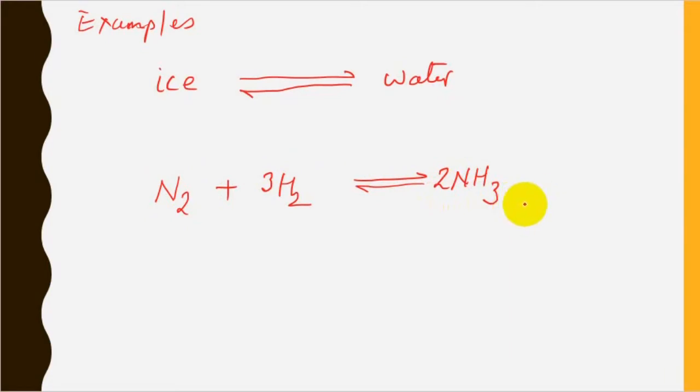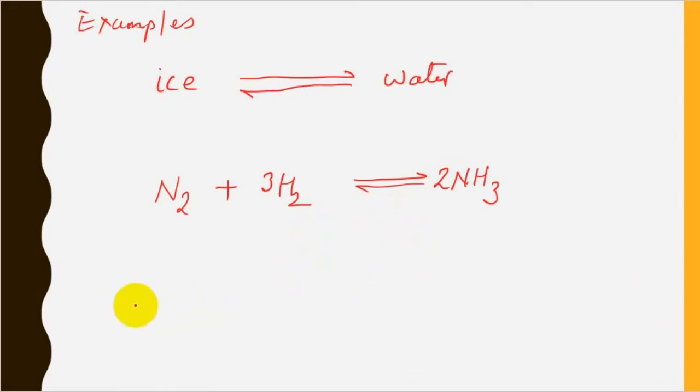Remember, if it is reversible, then only there's a chance of equilibrium. In the first one also you can see this sign, that is, reversibility is there. In the second one also reversibility is there, isn't it? Nitrogen and hydrogen combine to form ammonia. At the same time, ammonia can also decompose into nitrogen and hydrogen. Clear?